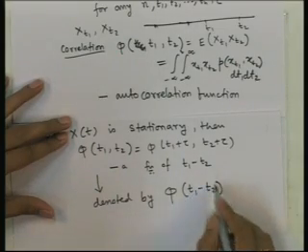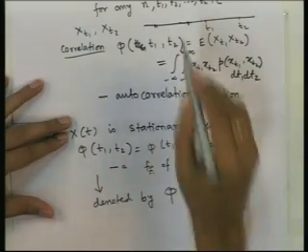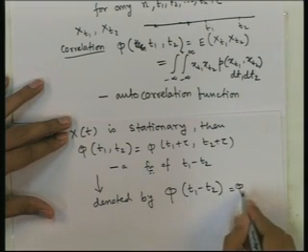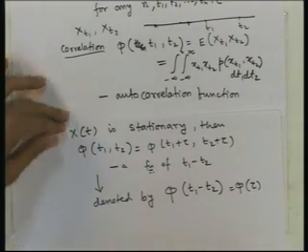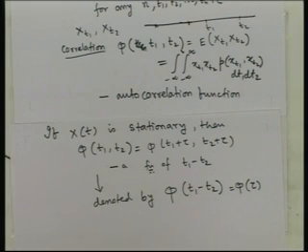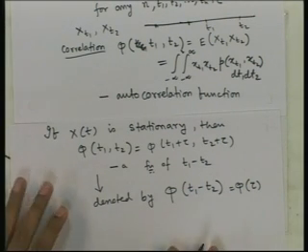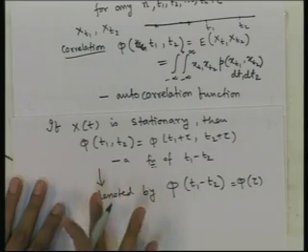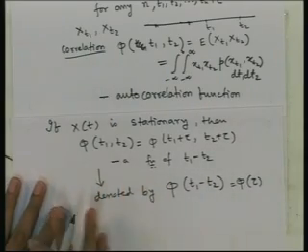We can call it a single variable. It is a function of only the gap, and if that gap is called tau, then it is phi(tau). And so, for a stationary process, the autocorrelation function is a function of only the gap between the time instances.